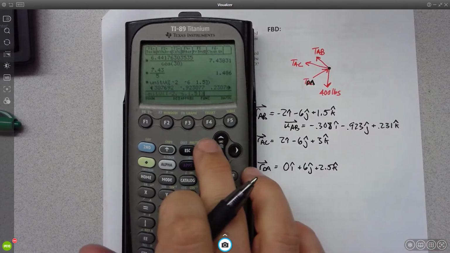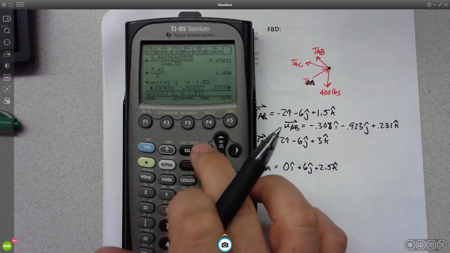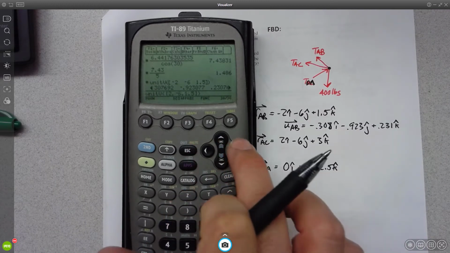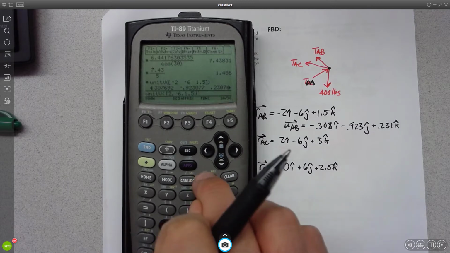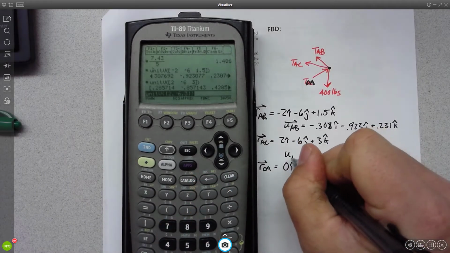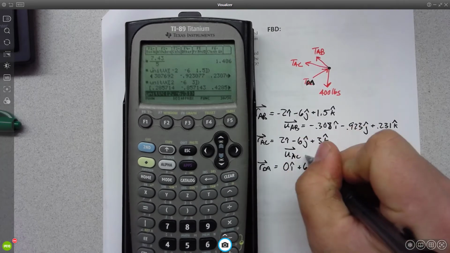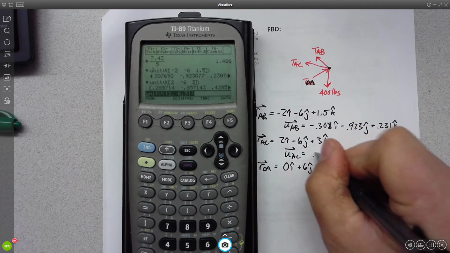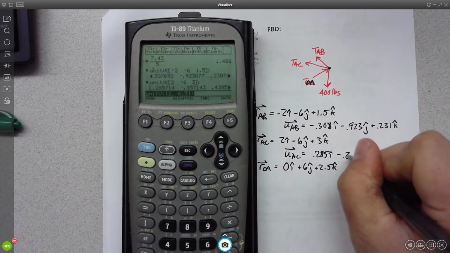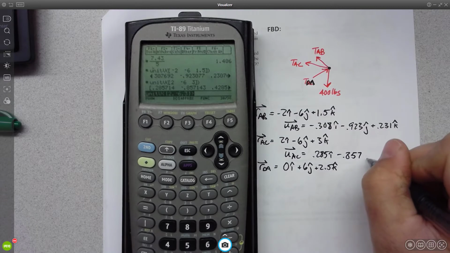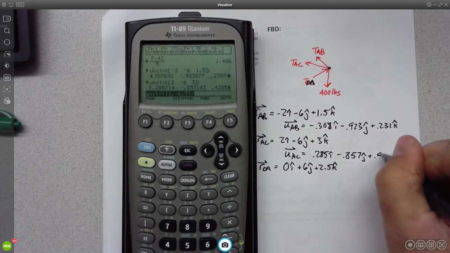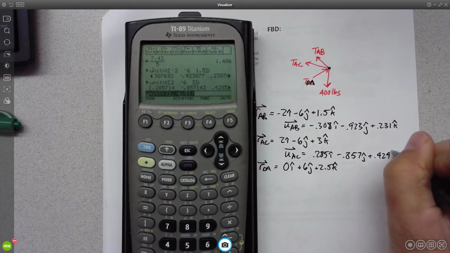Let's do the same thing again, except now we'll have 2, -6, and 3. And the unit vector for AC is going to be 0.285 I hat minus 0.857 J hat plus 0.429 K hat.